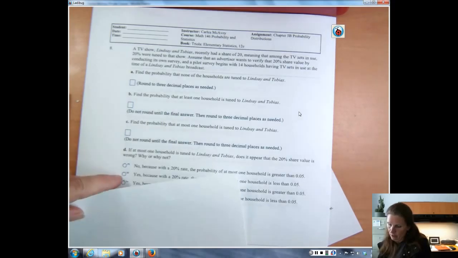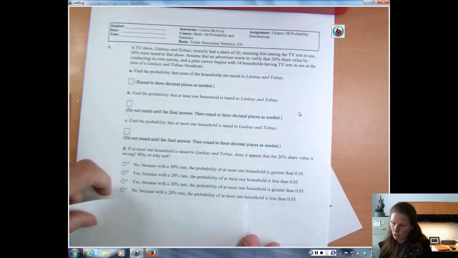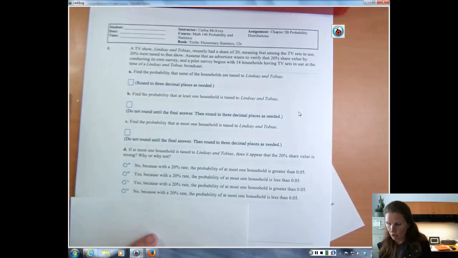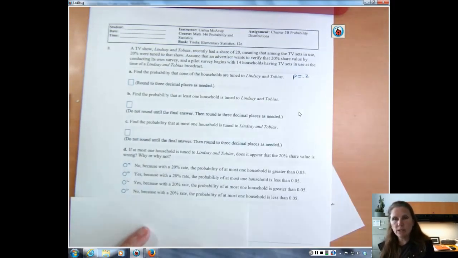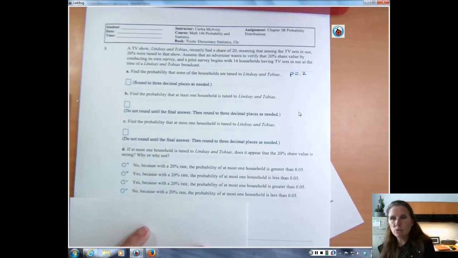Okay. A TV show, Lindsay and Tobias, recently had a share of 20, meaning that among the TV sets in use, 20% were tuned to that show. Boom. I know something about this problem right there. Probability of success, 20. Assume that an advertiser wants to verify that 20% share value by conducting its own survey. Why would they want to do that?